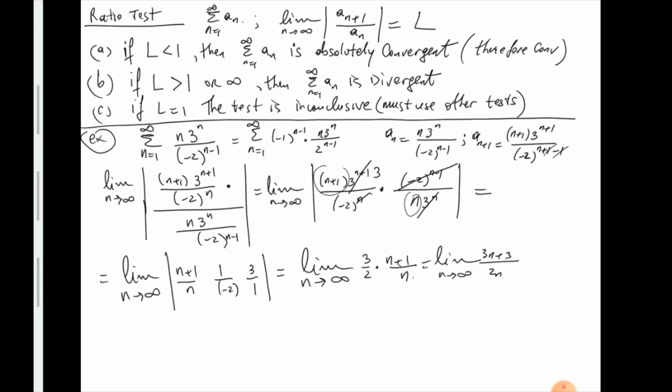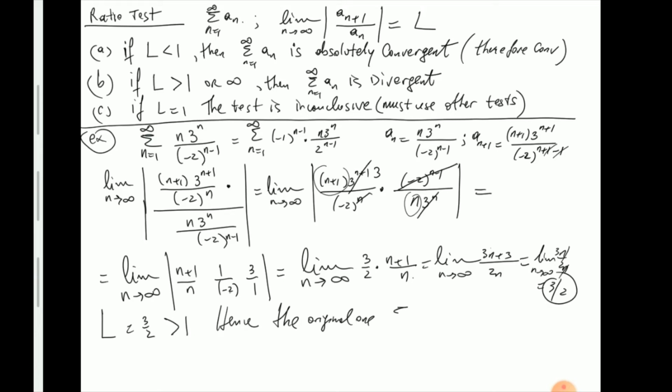Remember, the limit is given by the ratio of the dominating terms, which is 3 over 2. So my limit is 3 over 2, greater than 1, hence the original series, this given series, in other words, is divergent.